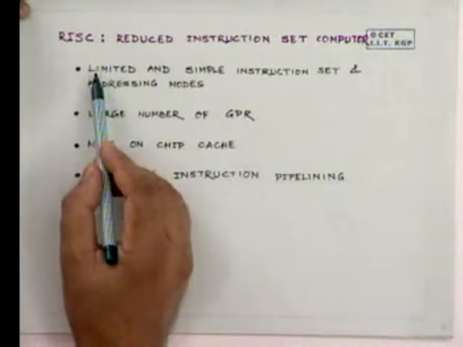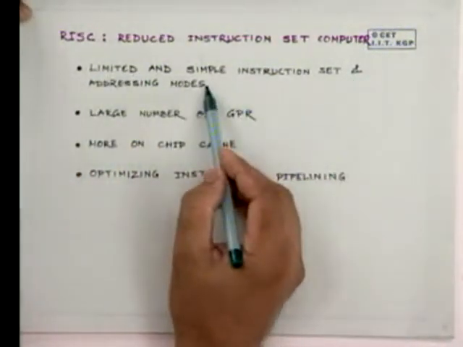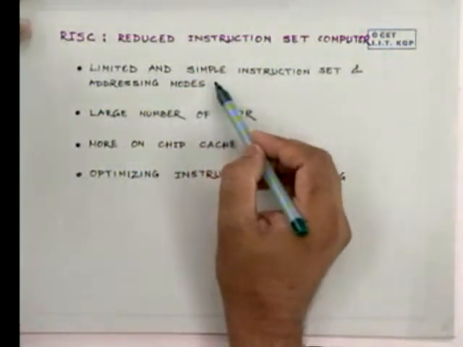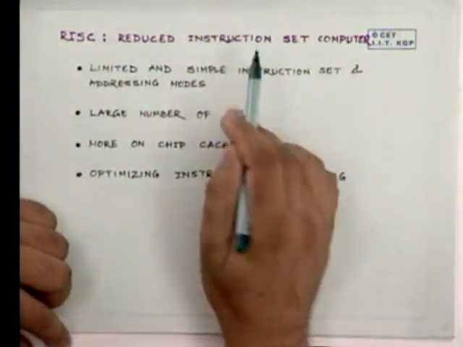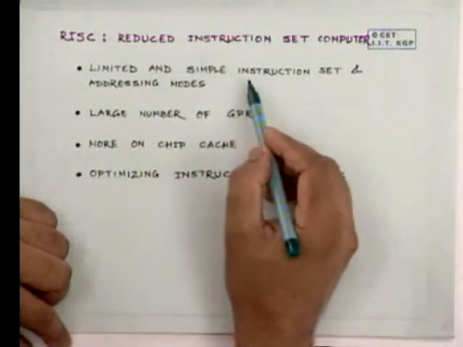Here what we do is take a limited and simple instruction set and addressing mode. The advantage is that the hardware needed to decode and execute an instruction is much simpler, and therefore it takes much less space in the VLSI chip. Therefore, much more space is available for other purposes. This is one advantage.